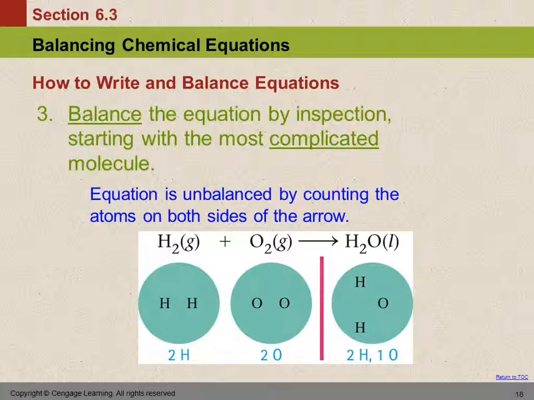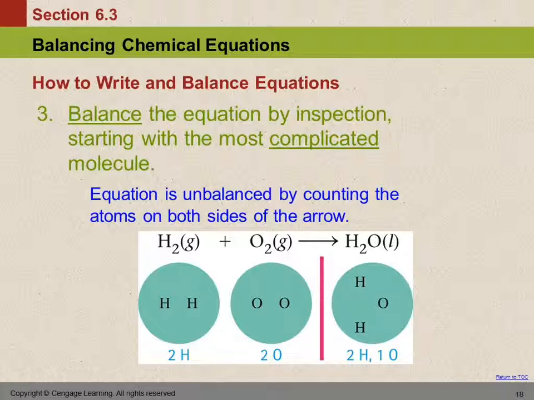So we're going to look at this and we see that the equation is unbalanced. H2 and O2 making H2O. You have to examine or inspect them and see, well, how many H's do you have to start with? I'm starting with 2, and how many H's do I end up with? I'm ending up with 2. Great, that's fine. I'm starting with 2 O's, and I'm ending up with 1 O. That's not fine.